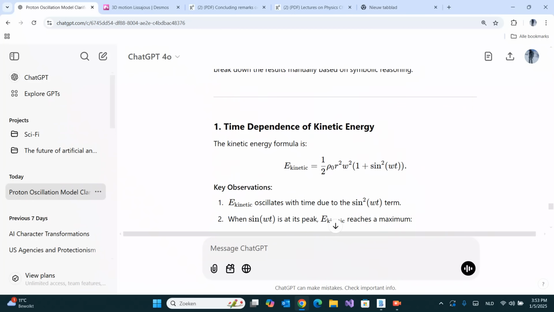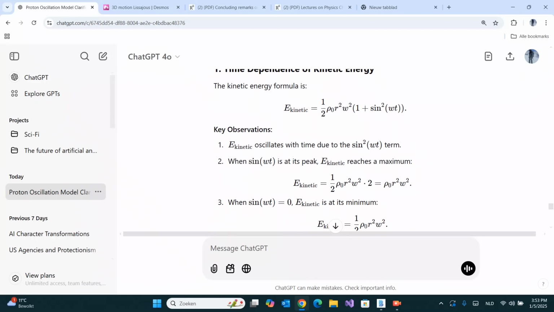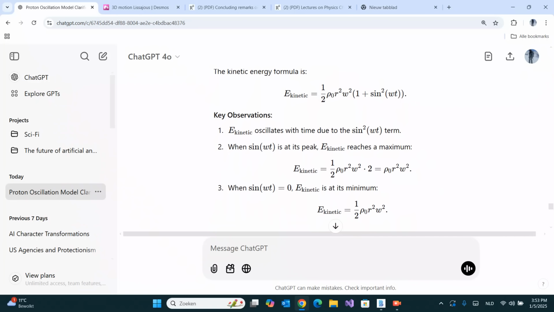I would need to look at all these formulas it generates here, because ChatGPT can make mistakes. Check important info. I haven't seen it making mistakes, but I do remember this conversation started again with making sure of the conventions we use: is it engineering conventions, what is the orientation of our tree model, what do we define as the polar and azimuthal angle, and does it vary between 0 and pi or 0 and 2 pi?